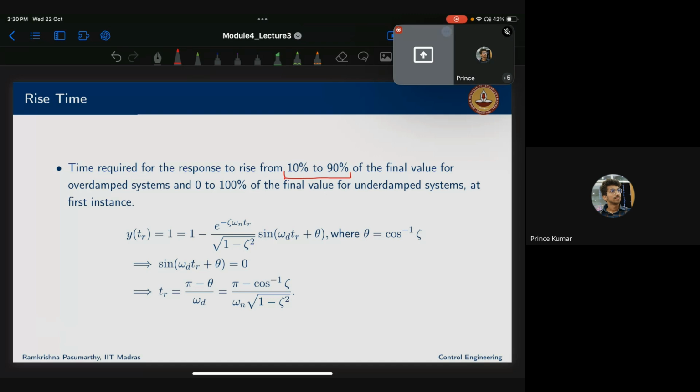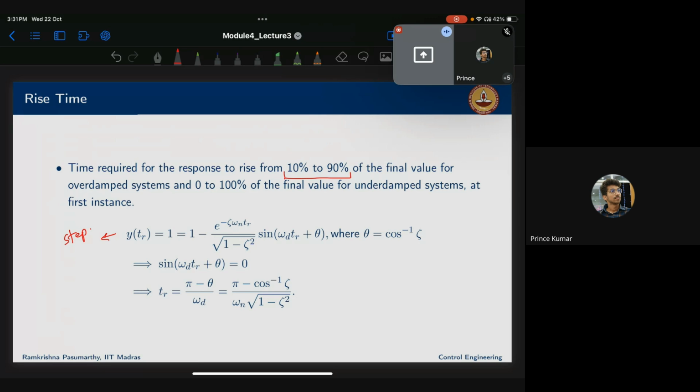By the way, this is for y of t for the step input. We can have it for ramp input, impulse input, and other inputs also, but what we are doing here is the step input.